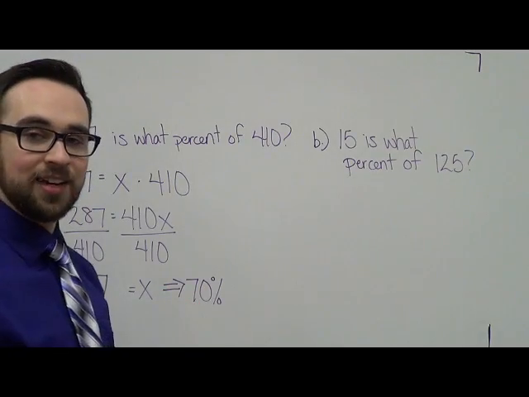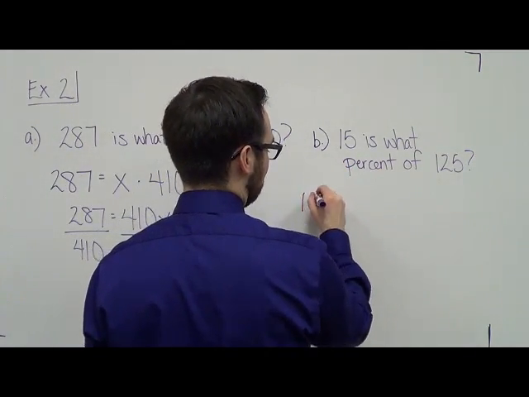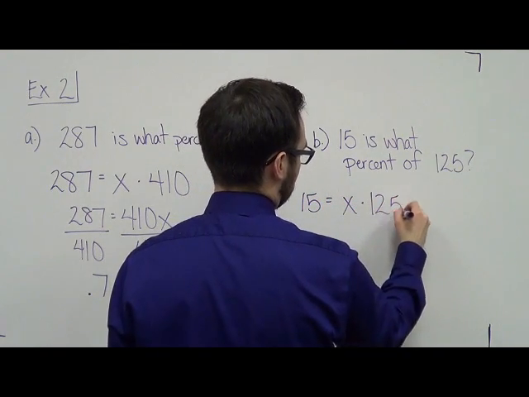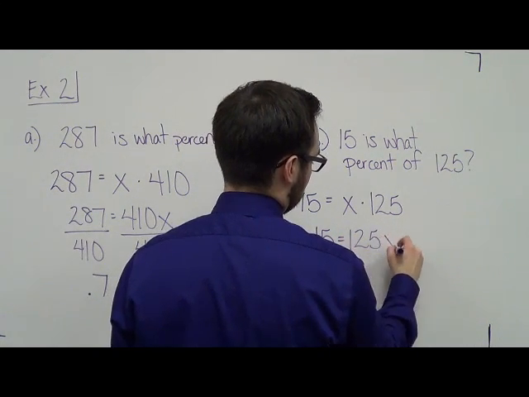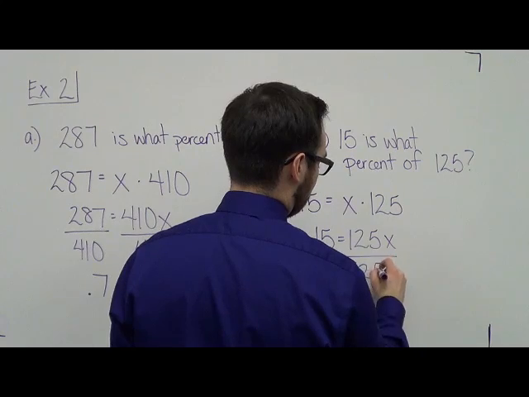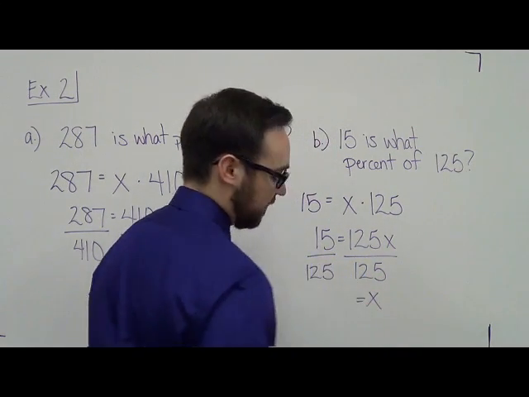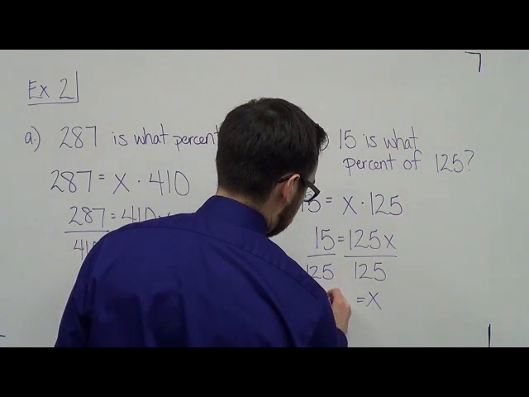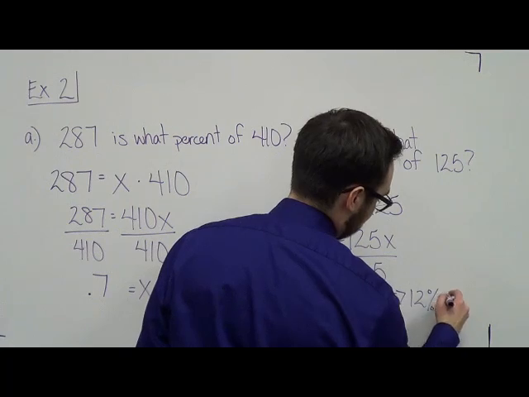It says what percent, so we are looking for the percent there. 15 is, so we're going to have 15 is equal to x times 125. If I rewrite that in our typical format, we would divide out by 125. And then we would find out that as a decimal, that's going to give us 0.12, which would then give us that it's 12%.